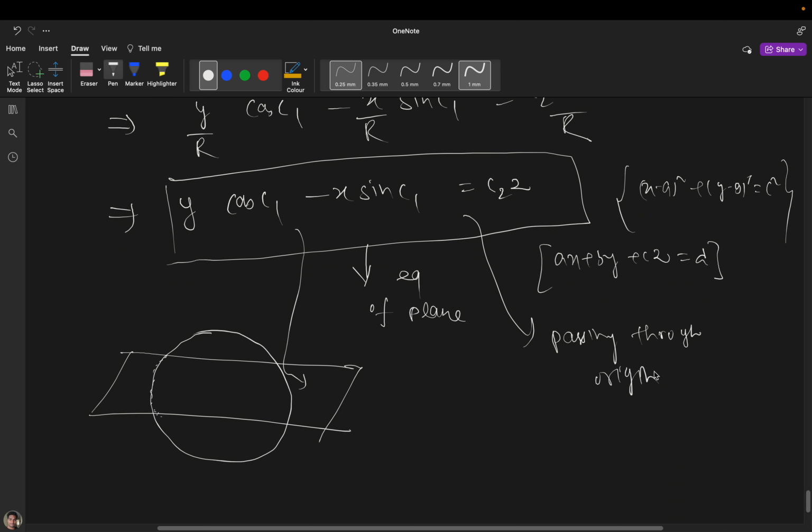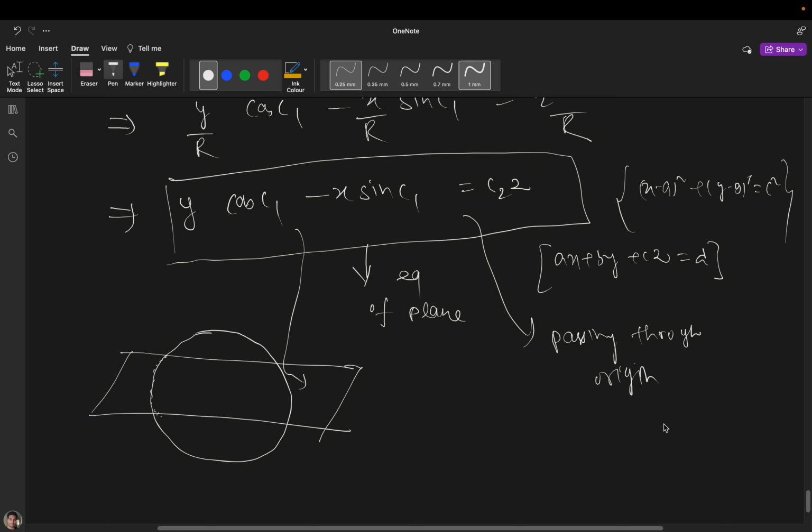How can you see that it is passing through the origin? By putting two coordinates equal to 0 and checking the other coordinate. How am I clearly saying that a plane passing through the origin will definitely make a circle on the sphere? Suppose a plane is not passing through the center of the sphere.